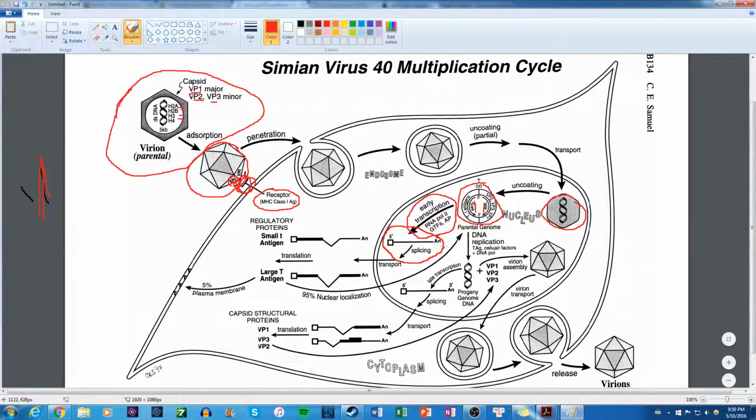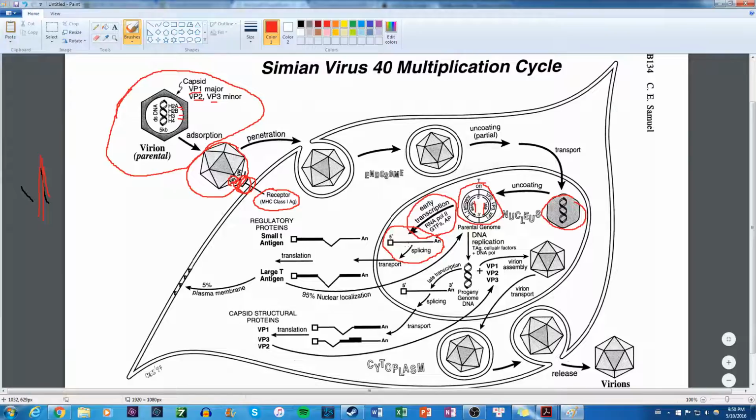Right here this illustrates that you have made your RNA transcript of your T antigens, of your early genes, and it undergoes splicing. So what's cool about SV40 early genes, and really all of its genes for that matter, is that it uses alternative splicing to get different polypeptide products from the same sequence of DNA.